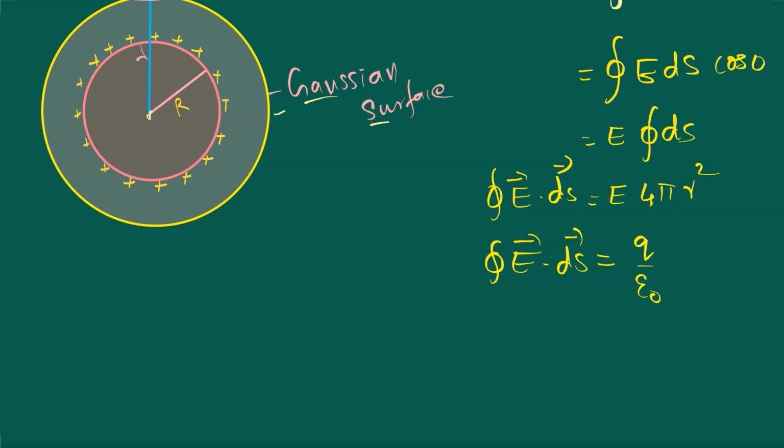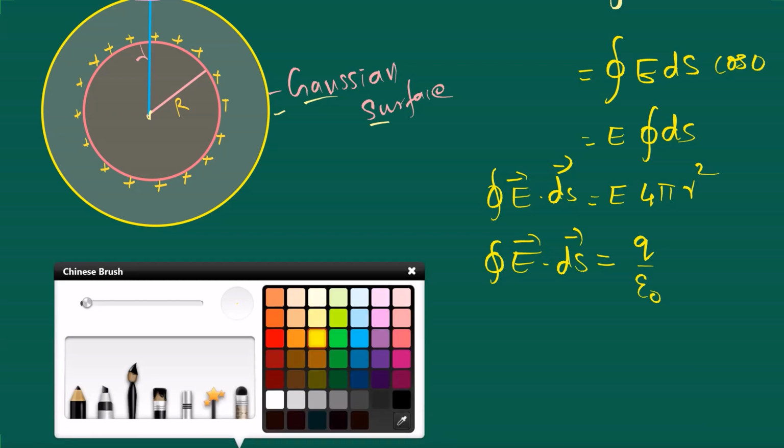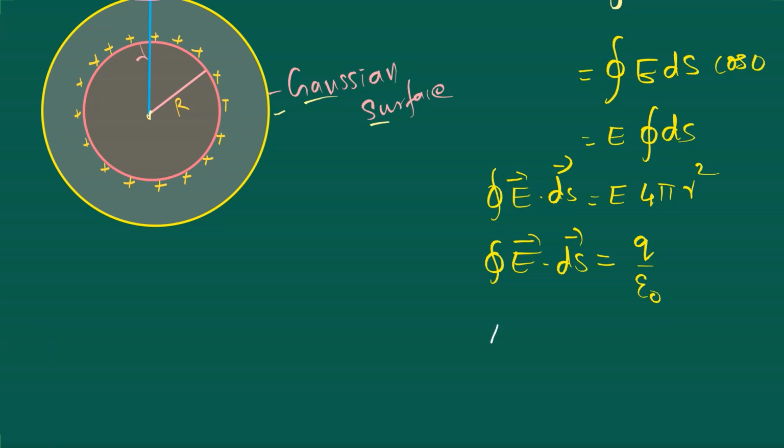We already calculated the value of the integral of E dot ds, that is E into 4 pi r squared, equal to q by epsilon naught. So the electric field E is equal to 1 by 4 pi epsilon naught into q divided by r squared. This is the equation for the electric field at a distance r from the center of the spherical shell.